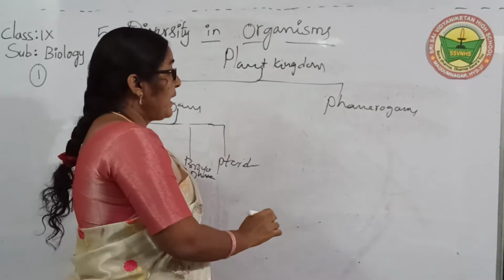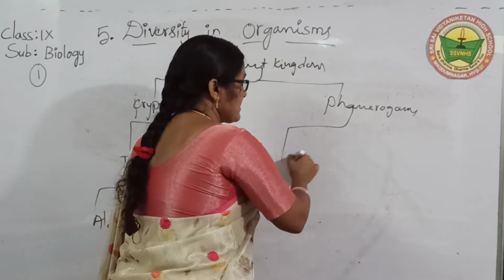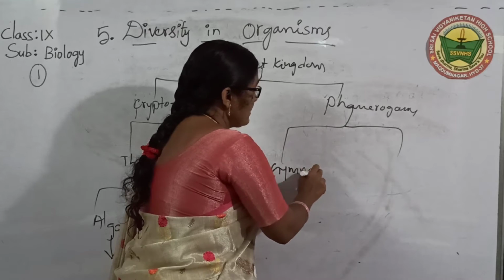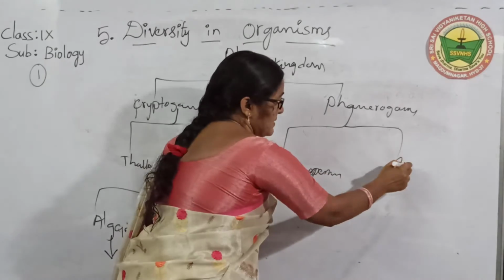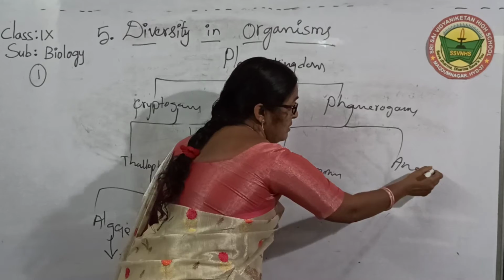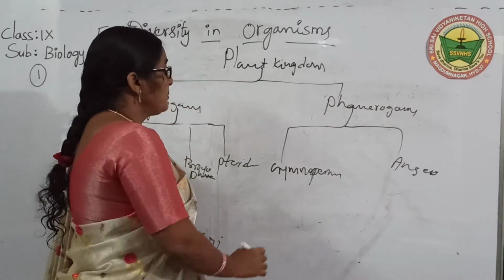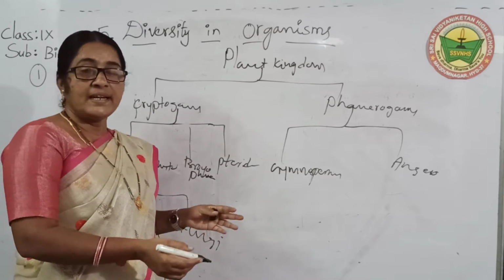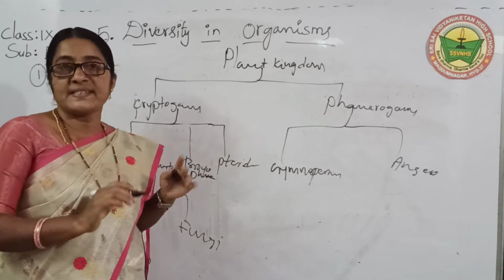Phanerogams are again divided into two groups. What are the two groups? Gymnosperms and angiosperms. Gymnosperms are those whose seeds are visible, that is why they are called naked seeds.